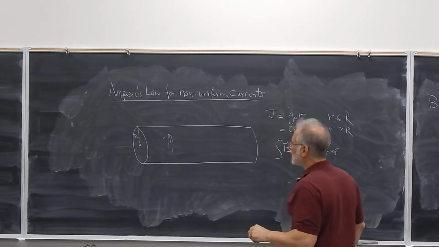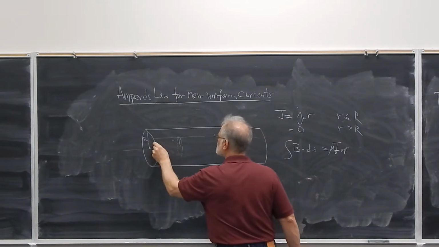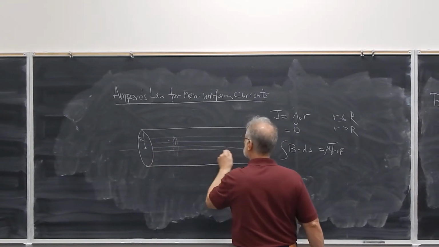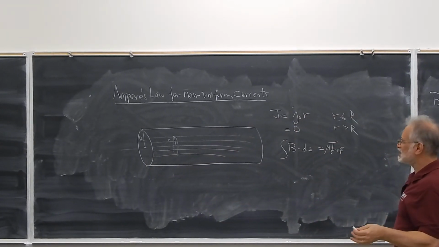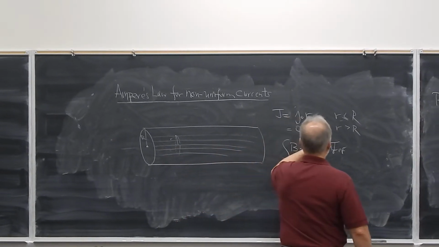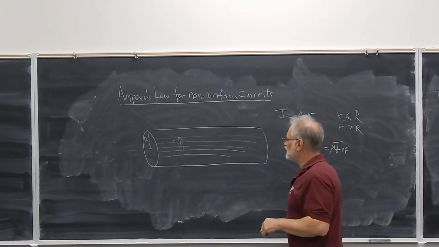What I have to do then is figure out how much current is actually passing through this loop when I make this calculation. Now, I know in this case that not all of the current is passing through the loop, but the amount of current changes as r becomes greater, up until we reach the surface of the cylinder.